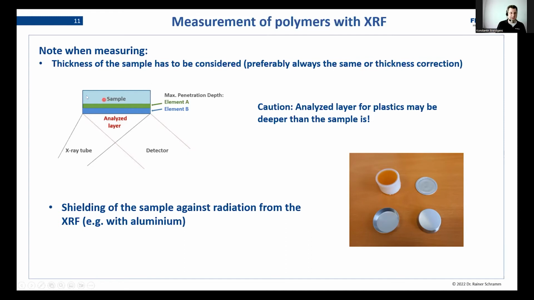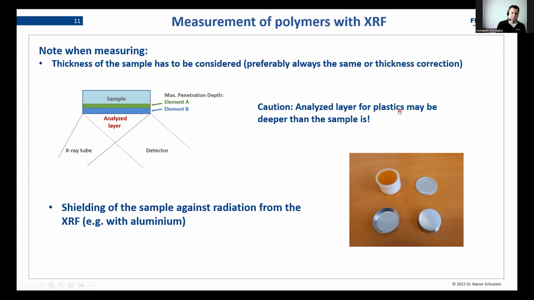In our example here, our sample is the whole body of our square here. And for element A, we are measuring a lot more of the sample than for element B, depending on the energy. So what to keep in mind when analyzing polymers with X-ray is that thickness is important here.